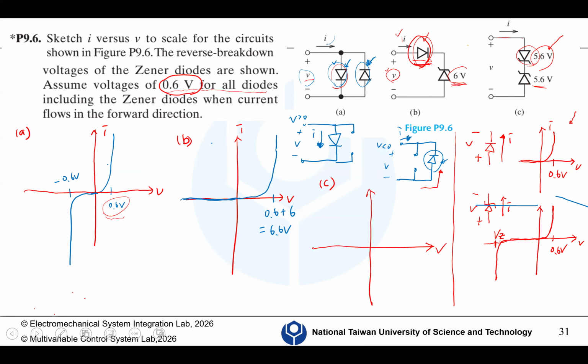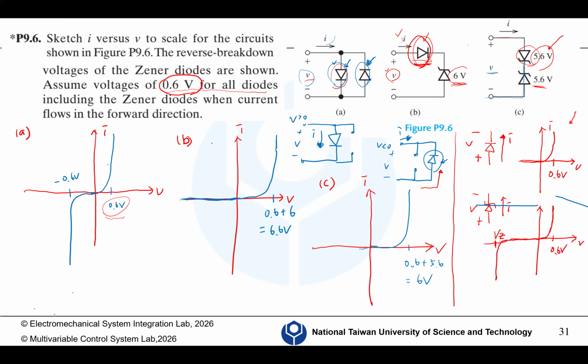Like this. This is I, and then we have this. This is forward bias, and this is 0.6 plus 5.6, which is 6 volts. When V is smaller than 0, this Zener diode works as a normal diode, but it also needs to overcome the 5.6 volt Zener voltage.